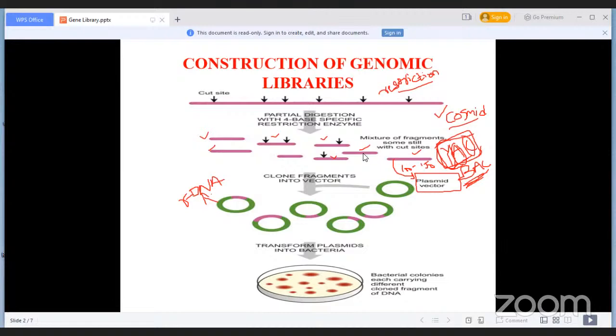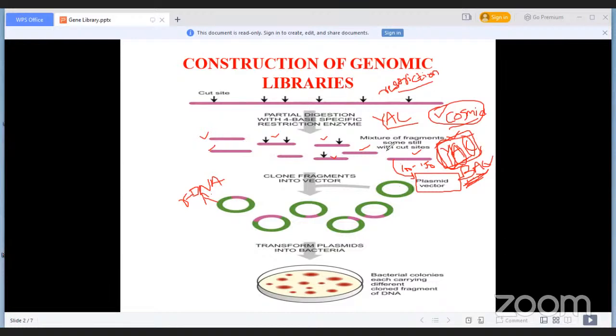If the cutting fragment is more than 300, we can use cosmid as a vector, or bacteriophage as a vector. If it exceeds 1000, in that situation we can use YAC vector, yeast artificial chromosome vector, or bacterial artificial chromosome vector. Any type of vector can be used in a genomic library.